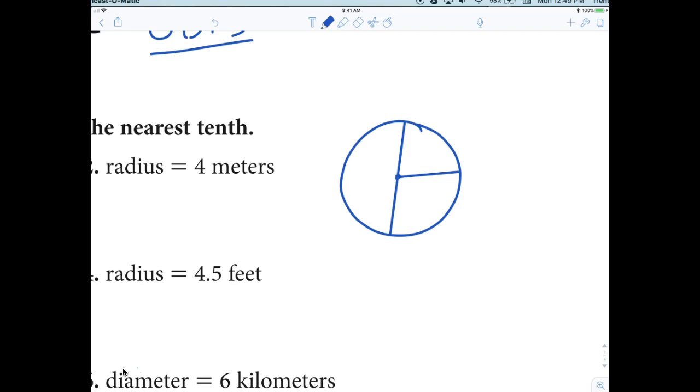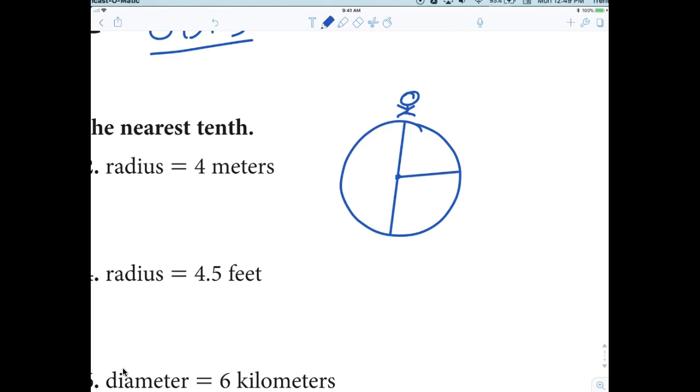Now, when we talk about circumference, what are we talking about? All the way around, which is another name for the... No, area is what's inside. The perimeter. So I would say perimeter and circumference are kind of synonyms, right? They mean the same thing.